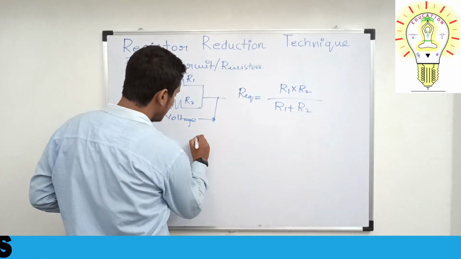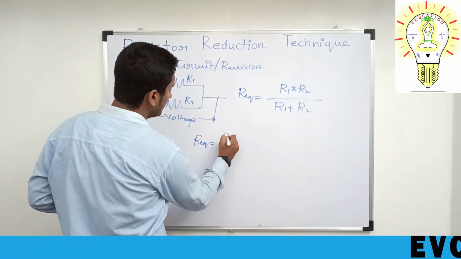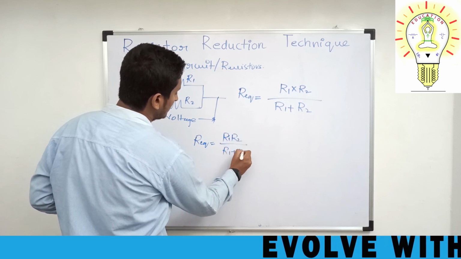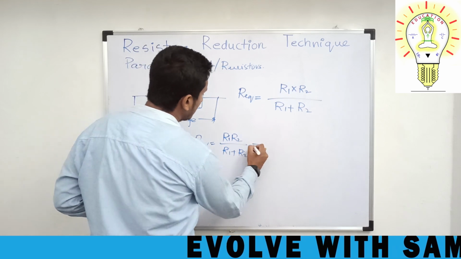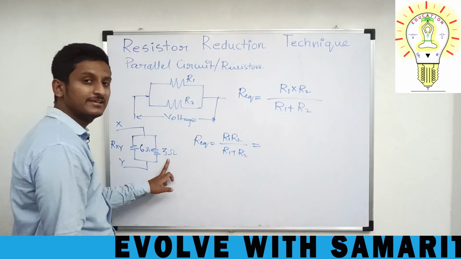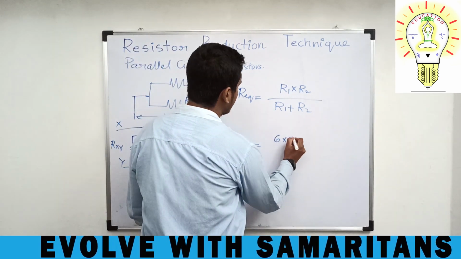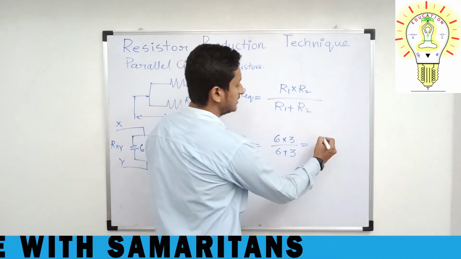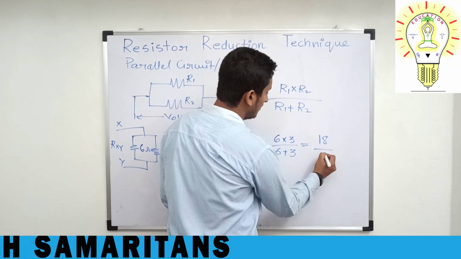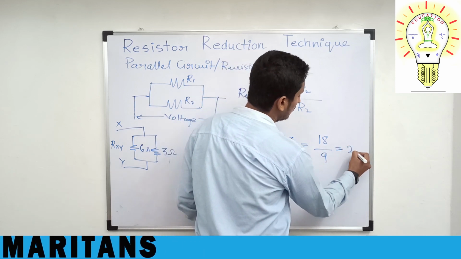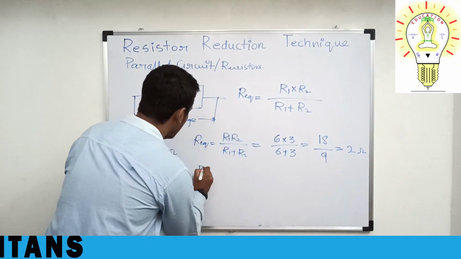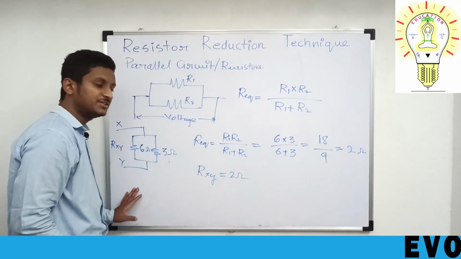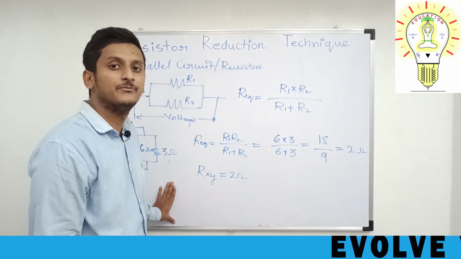The formula will be R equivalent is equal to R1 into R2 by R1 plus R2, that is 6 into 3 by 6 plus 3. This is 3 sixes are 18 by 9, equal to 2 ohms. So, the R equivalent between X and Y is 2 ohms. This is how you have seen till today.